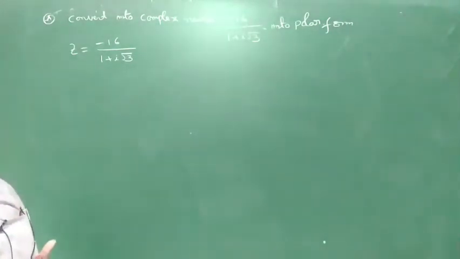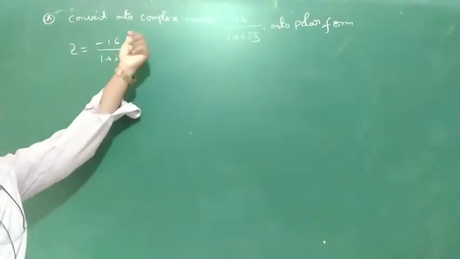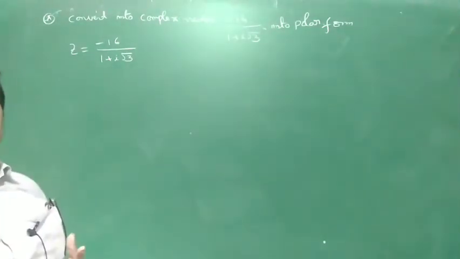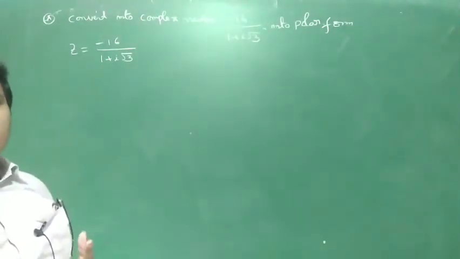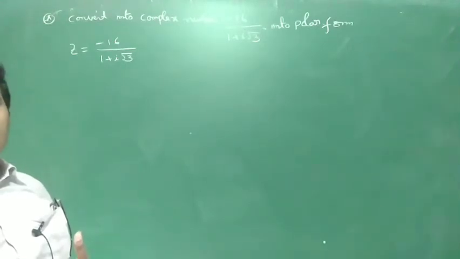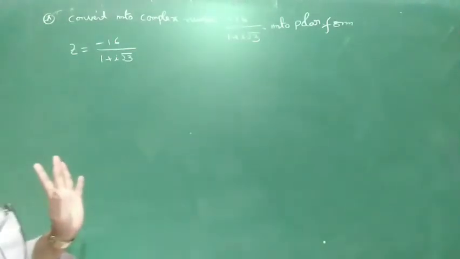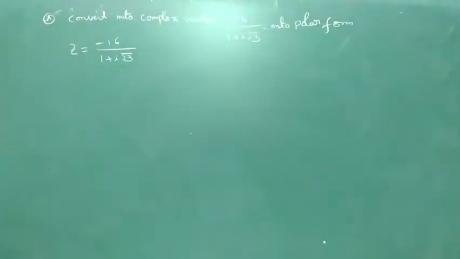Which type of values? Like i minus root 3 should not be in the denominator. Okay, if it comes, do rationalization.